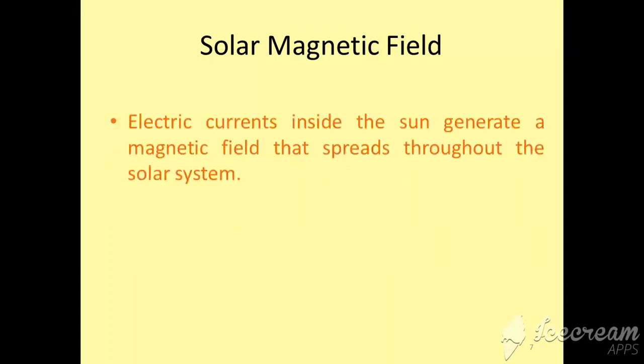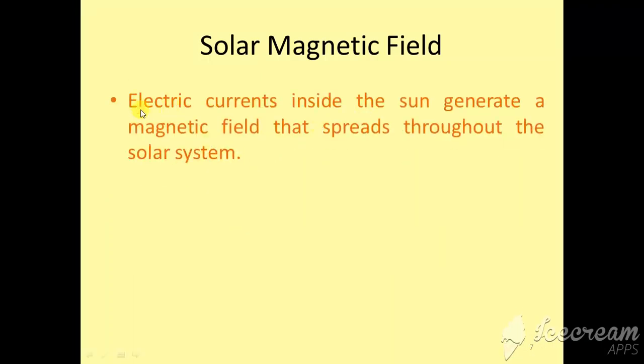Then the solar magnetic field. We all know that the sun is basically a fluid of charged particles, in majority electrons and protons. So electric currents inside the sun generate a magnetic field that spreads throughout the solar system.